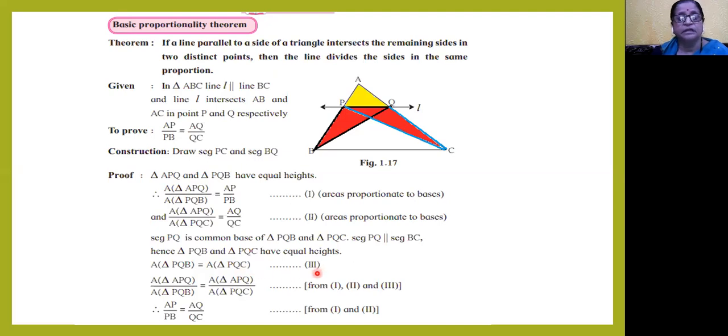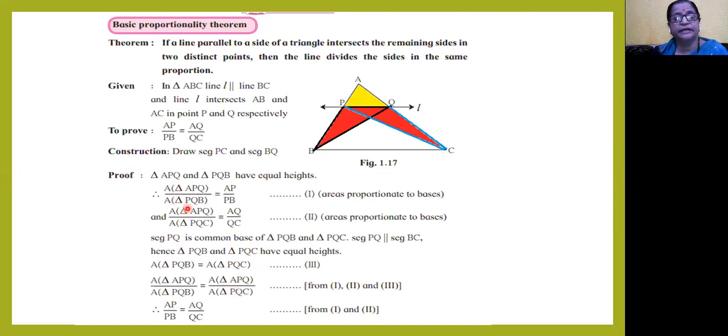It is equation 3. From equations 1, 2 and 3, we see that the area of triangle APQ divided by the area of triangle PQB is taken from equation 1, and from equation 2, the area of triangle APQ divided by the area of triangle PQC.